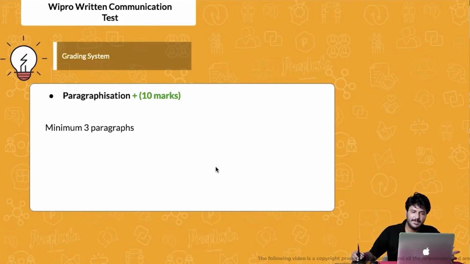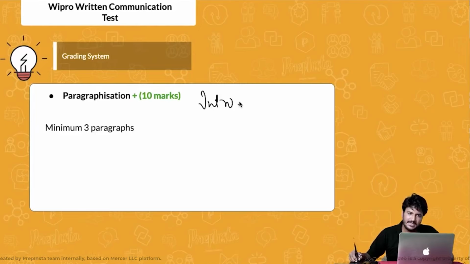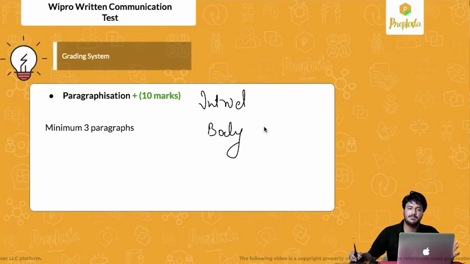So a minimum of 3 paragraphs is what you should write. Ideally, I will personally say 3 paragraphs, or if you have to put points, then maybe 2 or 3 points is enough. So it will come down to 3 plus 3 is 6. The first one should have the introduction, right? Then the next one would have the body, wherein you are discussing it.